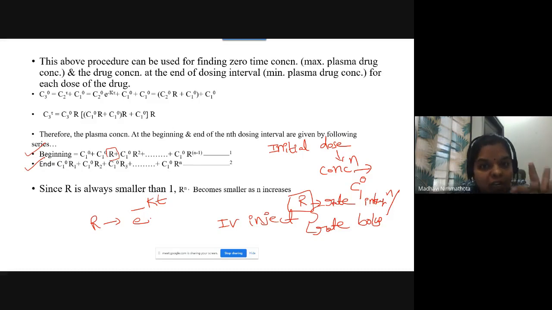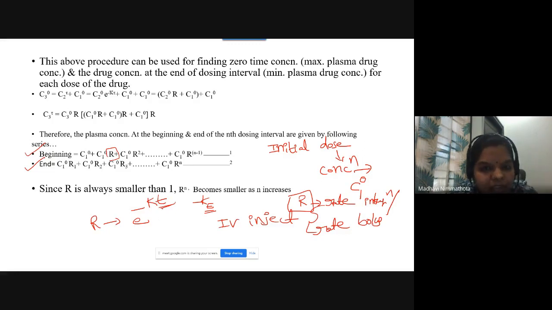Here we are calculating our plasma drug concentration with respect to time and K. K is always KE, the elimination rate constant. So wherever e to the power of minus kt is there, you can replace it with R.